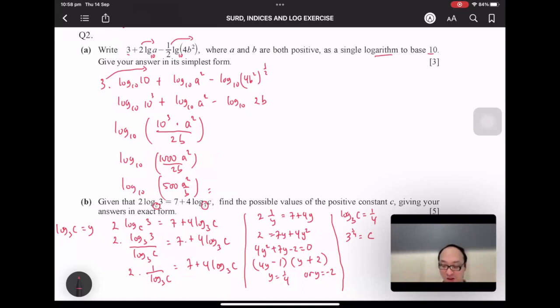So c is 3 to the power of 1 over 4. And for the other one, y is log base 3 of c equals negative 2, so that means c will be equal to 3 to the power of negative 2. Yeah, so we have two answers.